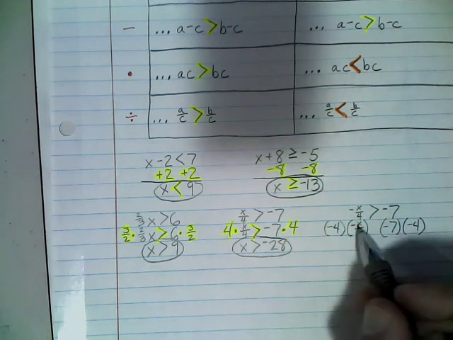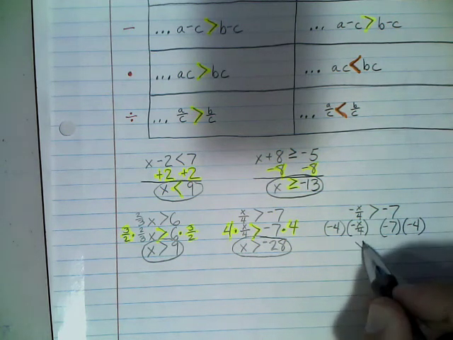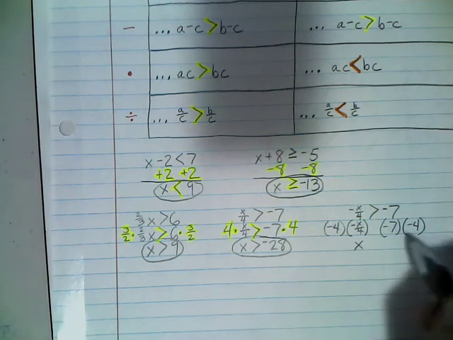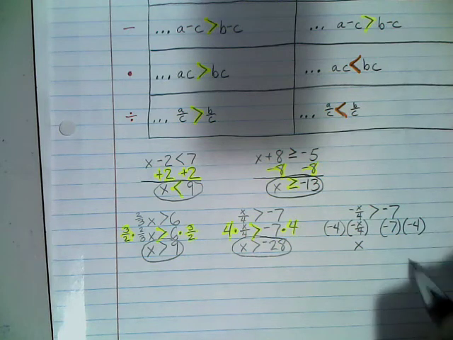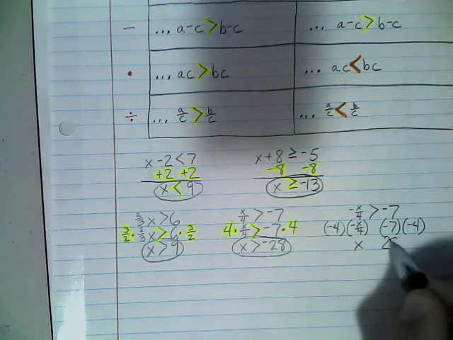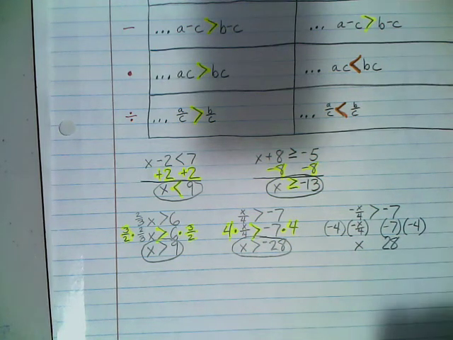And so a negative and a negative will cancel. A 4 that I'm multiplying by will cancel with a 4 I'm dividing by. That'll leave me with just x. On the other side, a negative 7 times a negative 4. The negatives will cancel, and 7 times 4 is 28. But what symbol are we going to have here? Well, what are we doing on both sides? On both sides, we are multiplying by a negative 4.